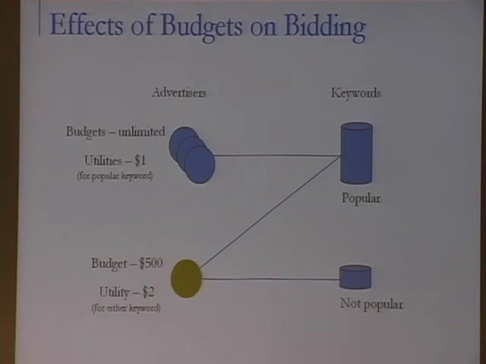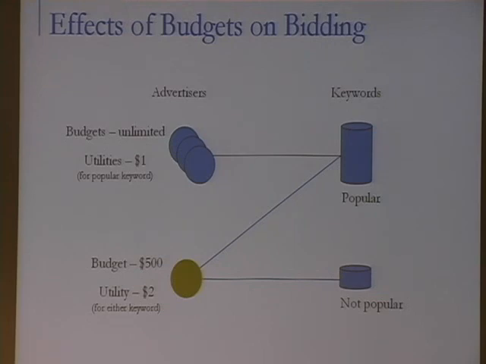And for the popular keyword, there's a lot of advertisers with unlimited budgets and utility of $1 that are interested in that keyword. I also have another advertiser, the yellow dot here, which is interested in both the popular and the not so popular keyword and has a budget constraint of $500 and a utility of $2 for either of these keywords.